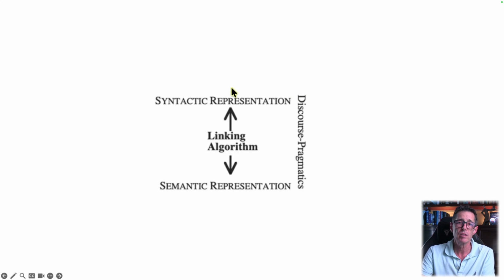So these are the words and phrases that we speak, and in RRG, a linking algorithm takes those words, regardless of the language, and converts it into a semantic representation, which is then the thing that we can operate with. And that all takes place in terms of discourse pragmatics, which is the context. So when we say something, how do we interpret that based on what's just happened before?